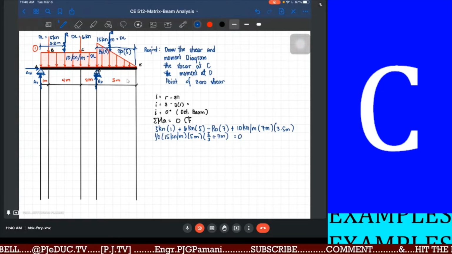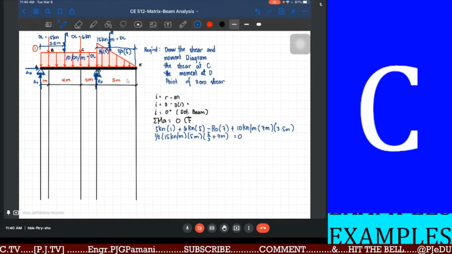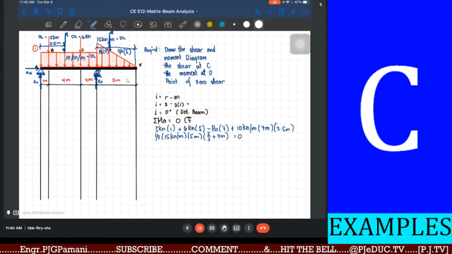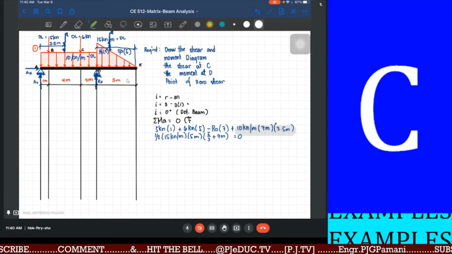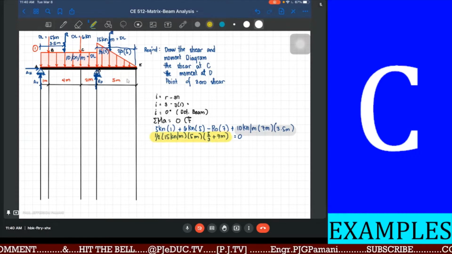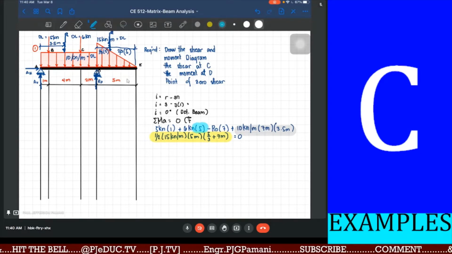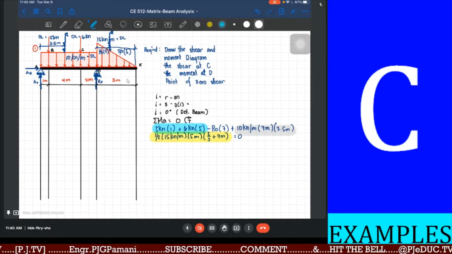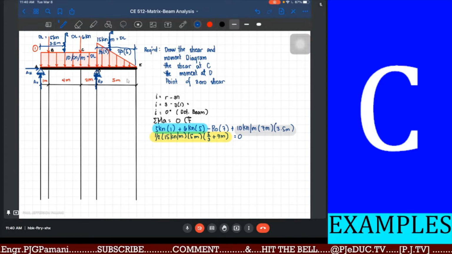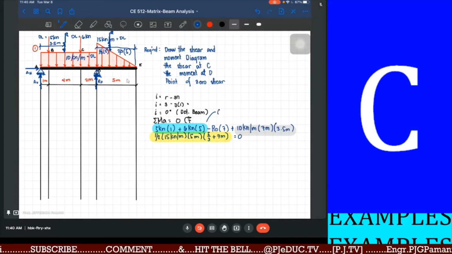Nakuha po yan kung paano? Ito yung sa uniform load. Ito naman yung sa varying load. Ito yung sa concentrated loads. Nakuha? Yes, sir.